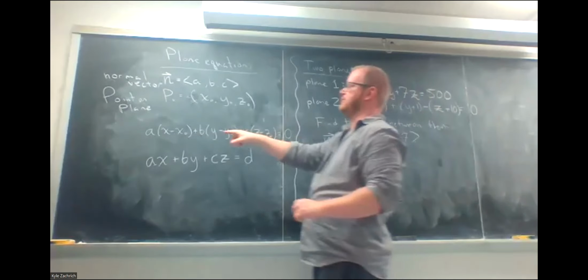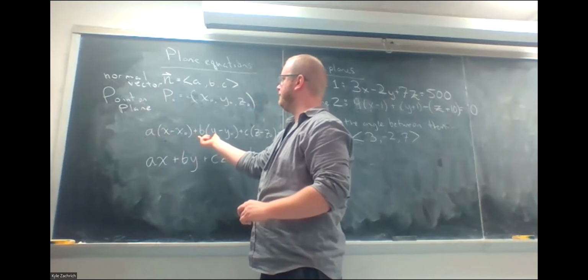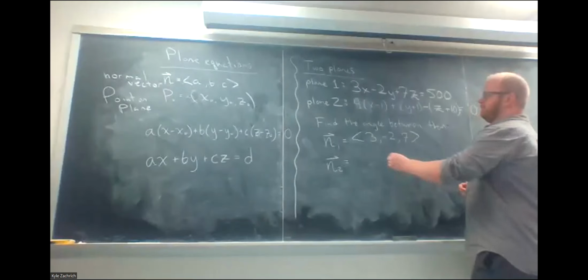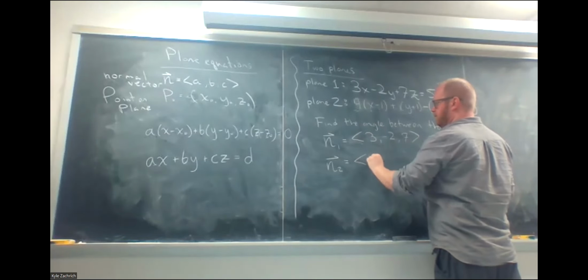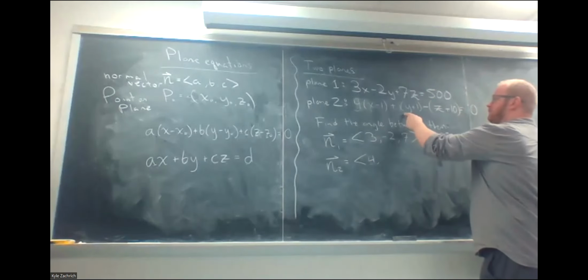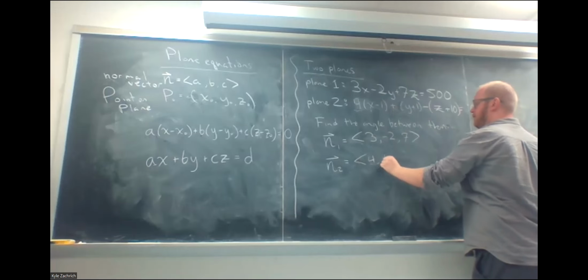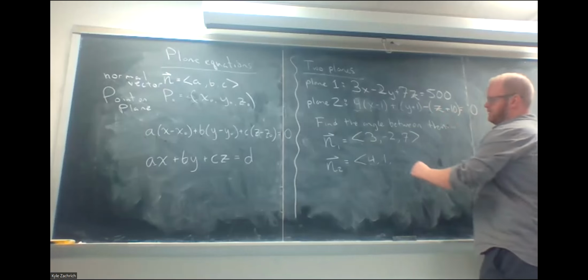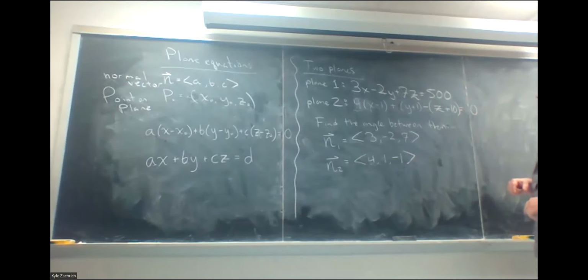If you look at this form, it's going to be some number times X minus the point, B times Y minus the point, C times Z minus the point. So this normal vector is going to be 4 for the X value. There's nothing out in front here, so that implies a +1. This out here is going to imply a -1.